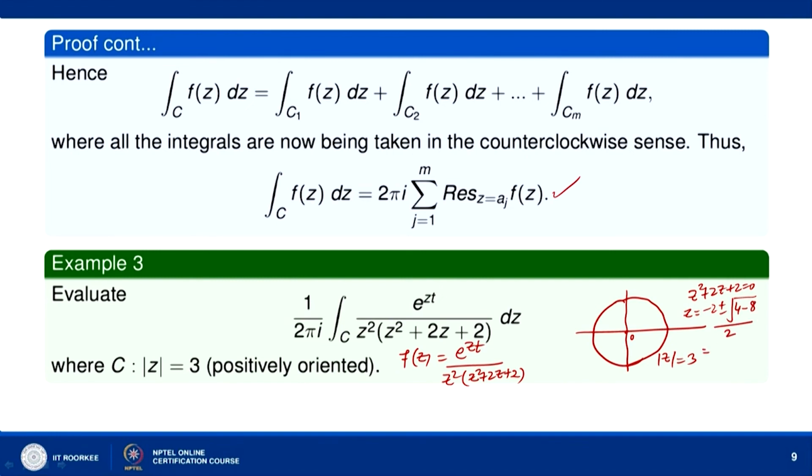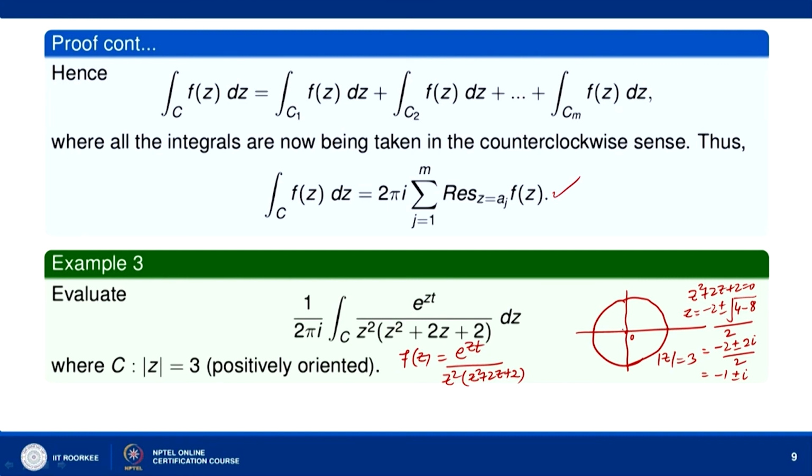So, we will get minus 2 plus minus 2i, divided by 2, so minus 1 plus minus i. So, the roots of the denominator, which here is z square into z square plus 2z plus 2, are z equal to 0 and z equal to minus 1 plus minus i.